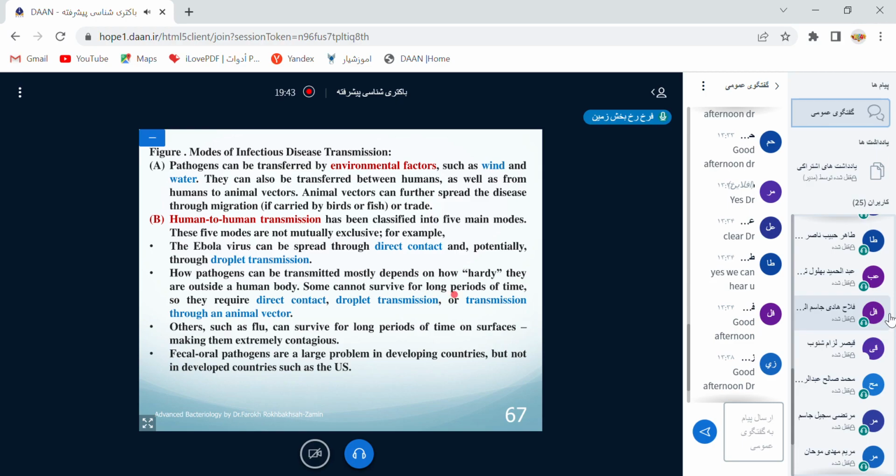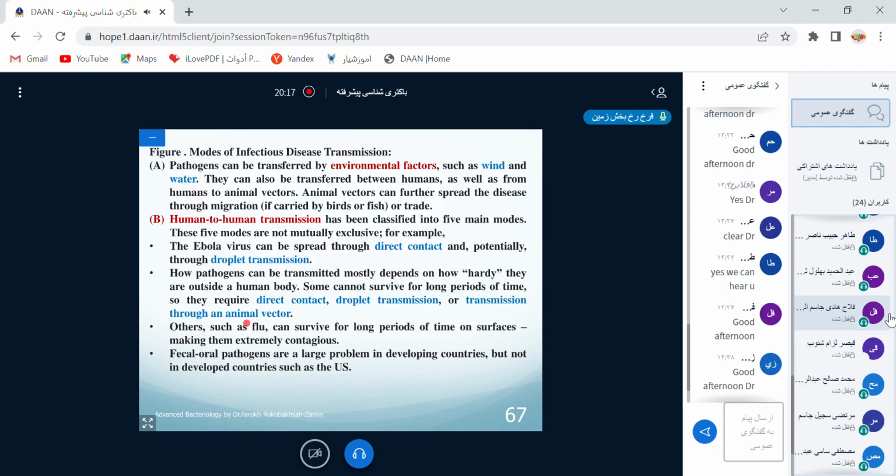Some cannot survive for long periods of time, so they require direct contact or droplet transmission, because in droplets around pathogens there is lots of water. So water helps them to survive the adverse conditions of the environment, or transmission through animal vectors.